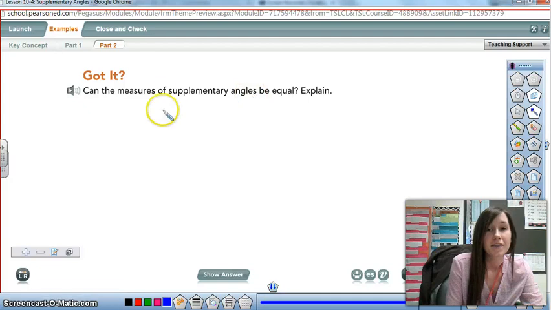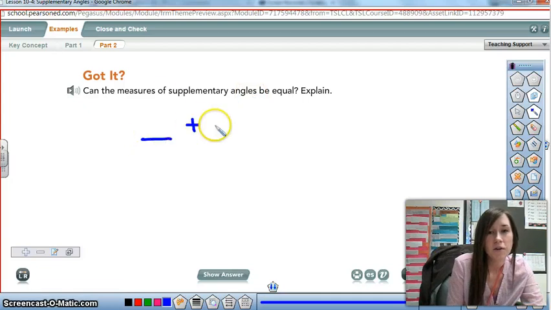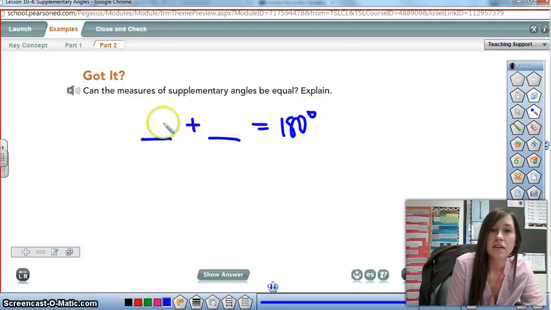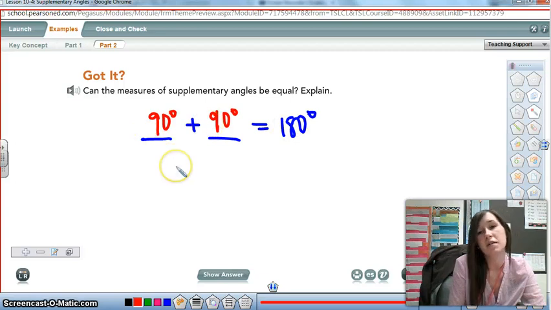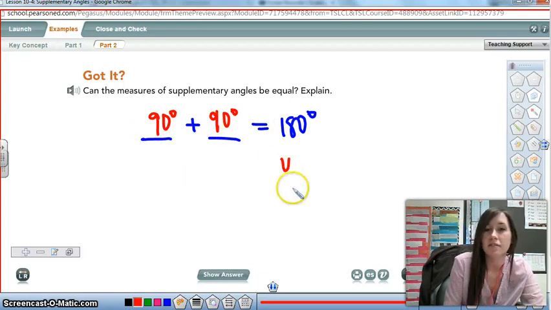Well, think about it. You want two angles that add to be 180 degrees, and we're wondering if these can be the same value. Well, what about having two right angles? They would be supplementary and they would be the same measurement. So yes.